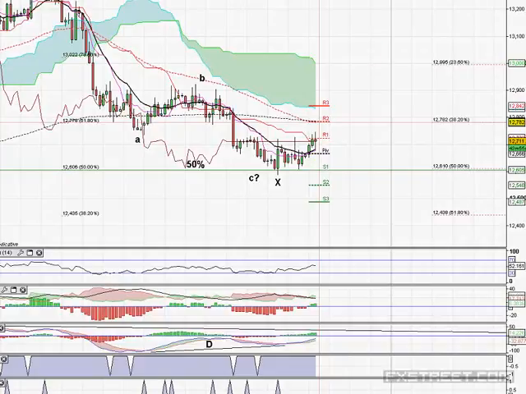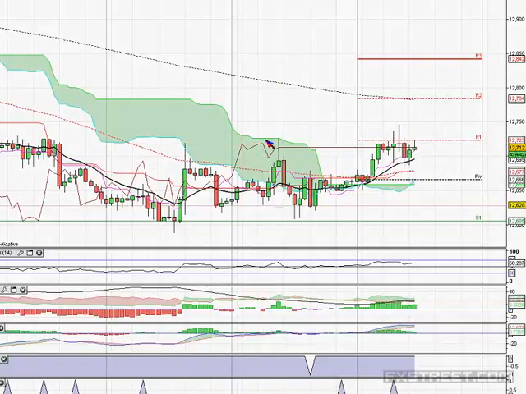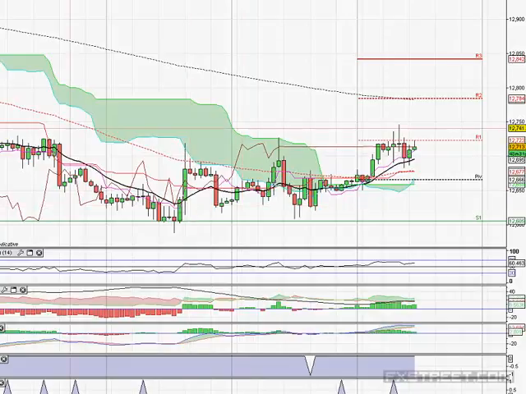Okay, where do I expect the pair to go from here? I mean, this 4-hour candle shows indecision. Okay, it's gone to the downside, also gone to the upside. If we break it down into 1 hour, again, that's a perfect warning sign. This is your entry.